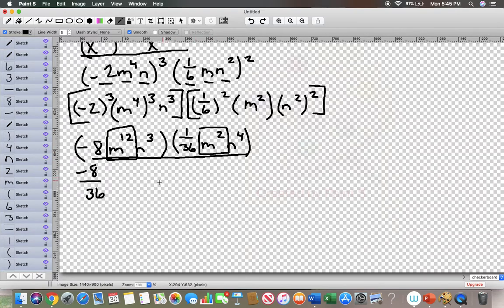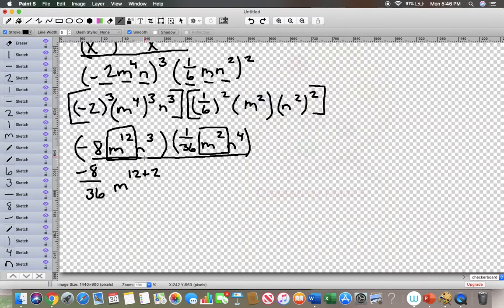When we're multiplying the same base, what do we do to the exponents? We add them. Again, if I had an addition sign right here in between these two terms, could I combine into the 12th power and m squared? No, I cannot. I can only do it because we are multiplying all of these things together.